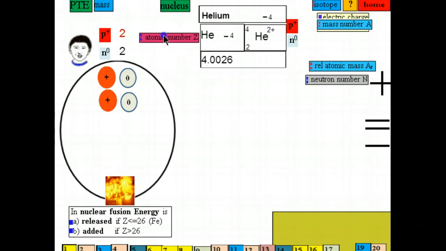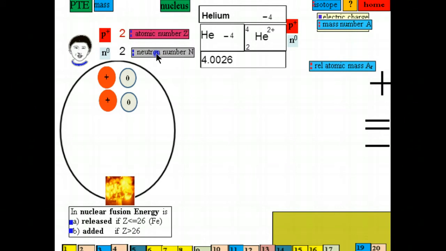protons the atomic number Z. So for helium-4, the atomic number Z is 2. We also know there is a neutron number N, which in this case is also 2 for helium-4.